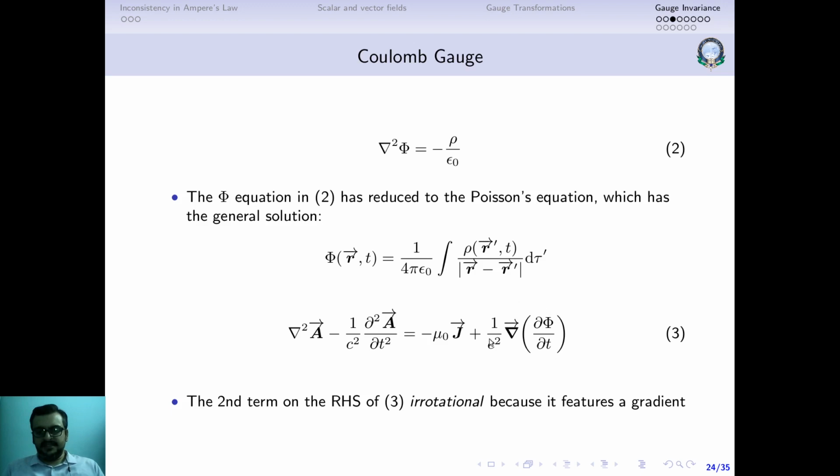Why is it irrotational? Because it features a gradient. This term is a gradient of something. We already know that if the curl of some quantity is 0, then that quantity can be written as the gradient of some other quantity, right?